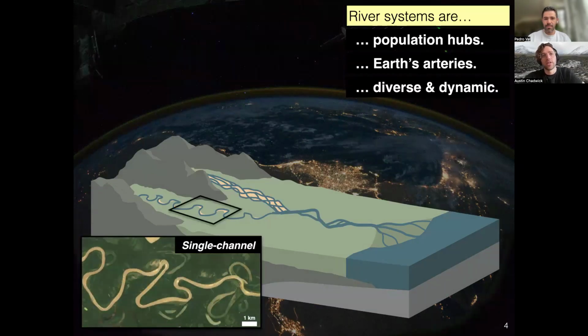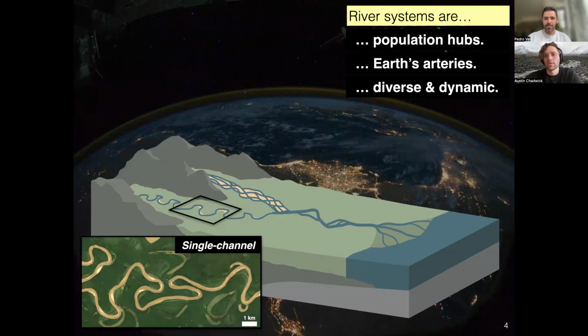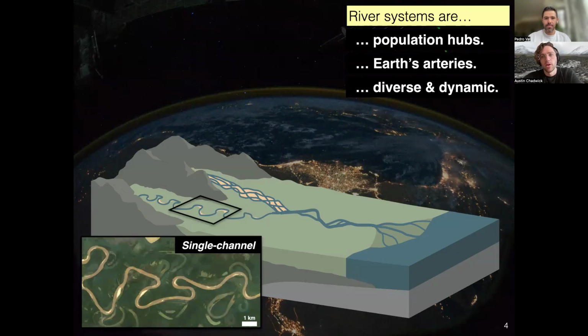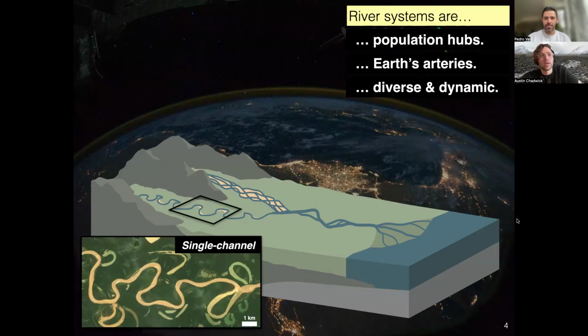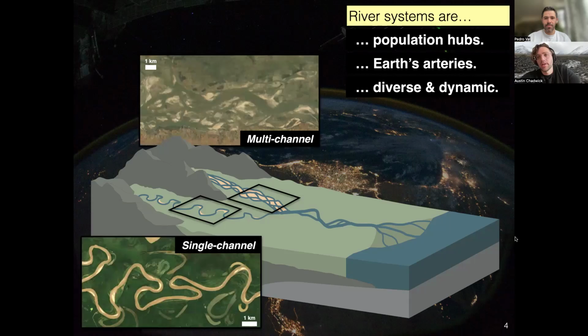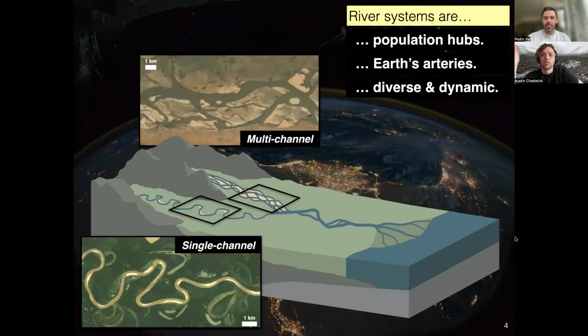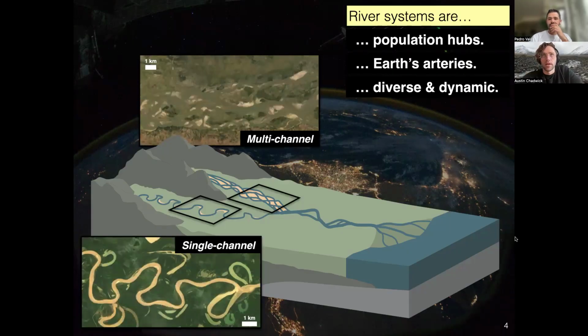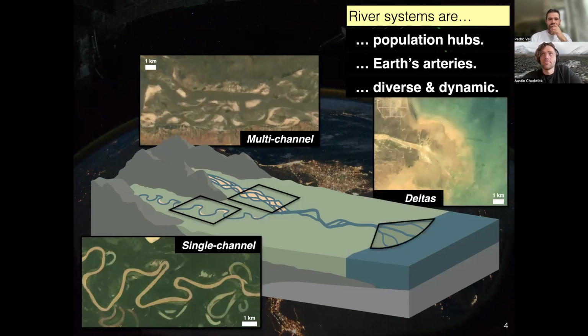Rivers come in many different shapes and sizes, and they're really dynamic. So we can get everything from these single channel meandering rivers that form these beautiful loops on Earth's floodplains to these multi-channel or sometimes called braided or anastomosing rivers where flow naturally splits and divides into these interconnected channels, subchannels.